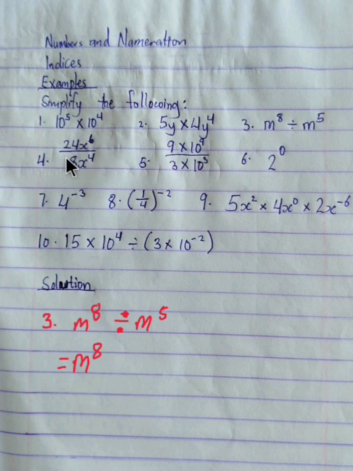In example 1 and example 2, we added the powers because we were multiplying indices. But this time around, we are dividing indices, so we subtract the powers. We have 8 minus 5, that's 3. So the final answer is m raised to the power 3.